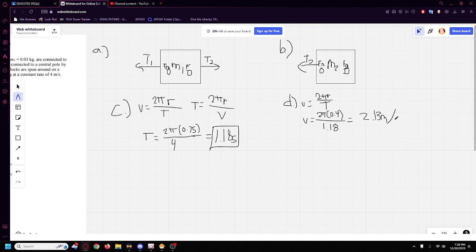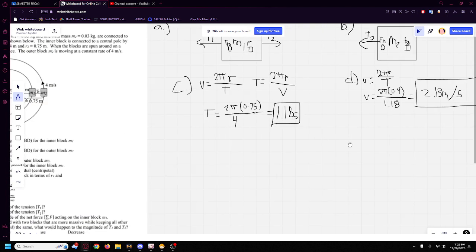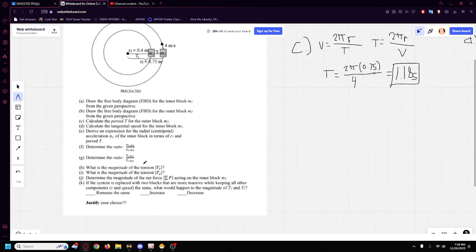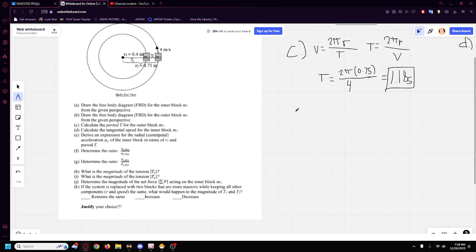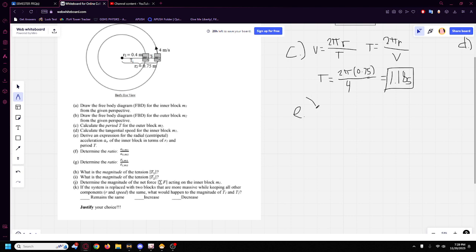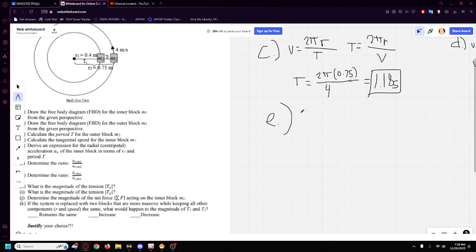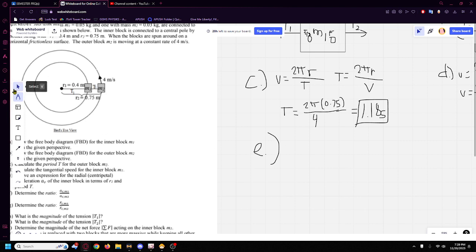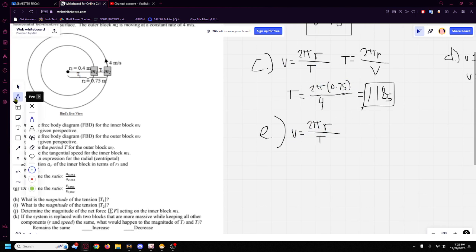Part E asks to derive centripetal acceleration in terms of r and t. So we know that v is equal to 2 pi r over t, and a_r is equal to v squared over r.